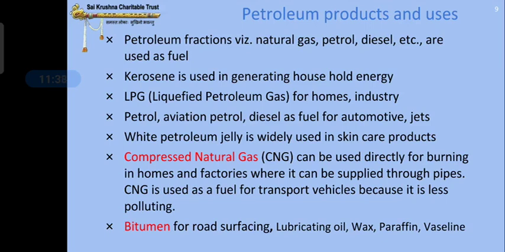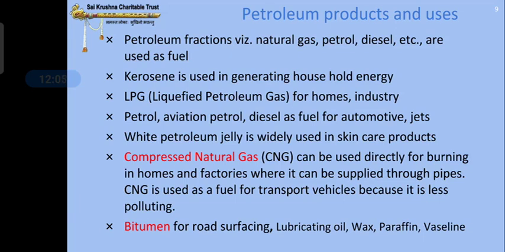And white petroleum jelly is widely used in skincare products. Like you have heard of Vaseline and all. So there we make use of white petroleum jelly. It has a vast application in skincare products. And CNG, compressed natural gas, can be used directly for burning in homes and factories where it can be supplied through pipes. You know that CNG is a gas, so it is easy to transport through pipes.